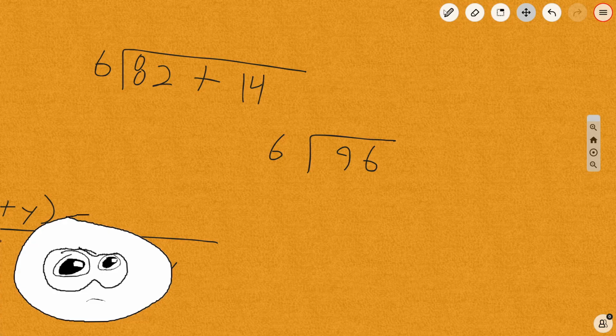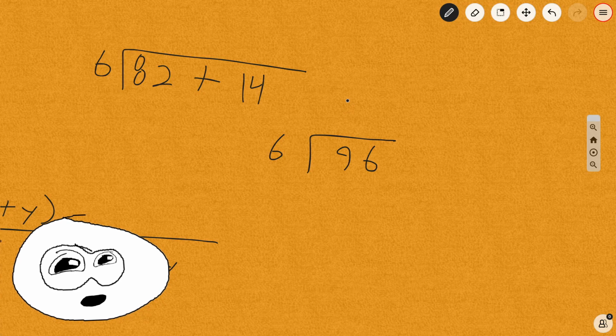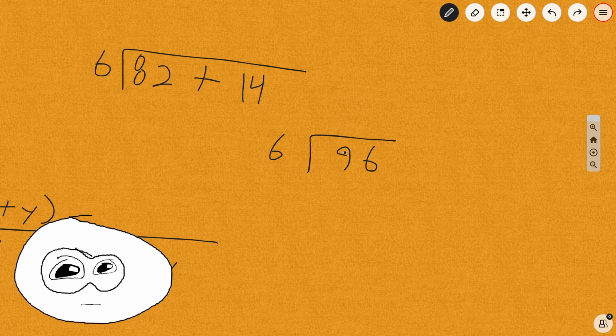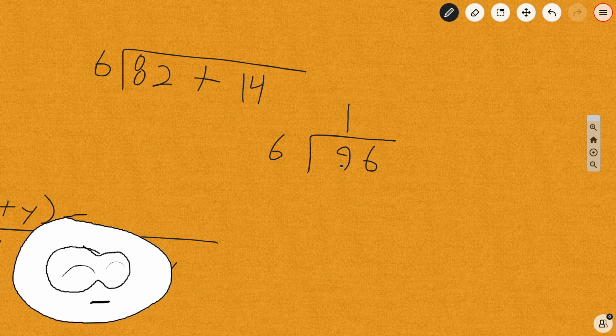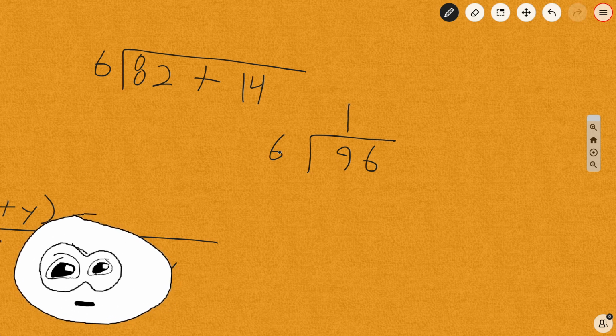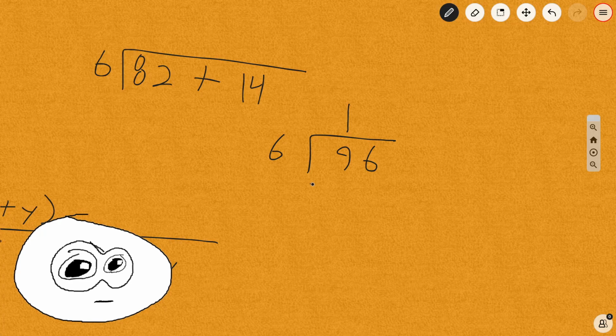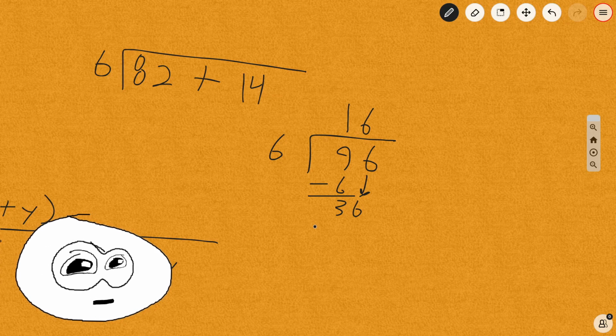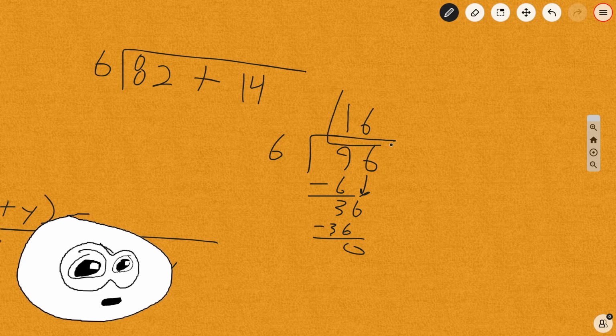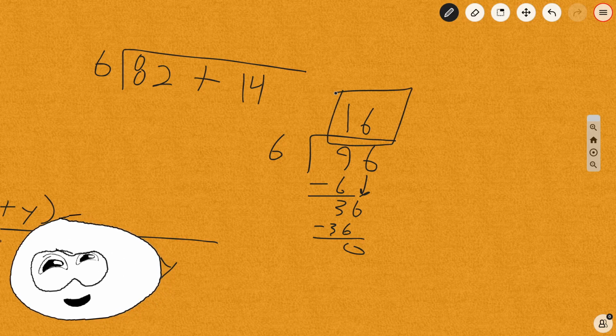So then that way, you can get 9 minus 6. 6 goes into 9 at least one time. So you get 3. Bring down the 6. It becomes 36. How many times does 6 go into 36? 6 times. Nothing else to work on, and it becomes 16, right? That could be a way to do it.